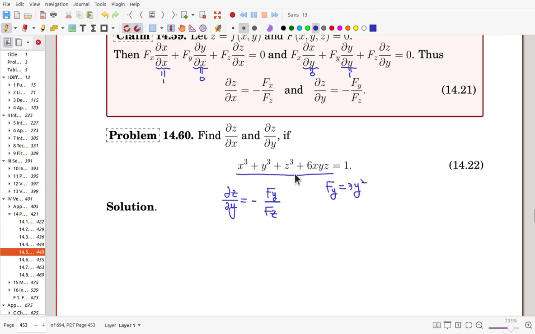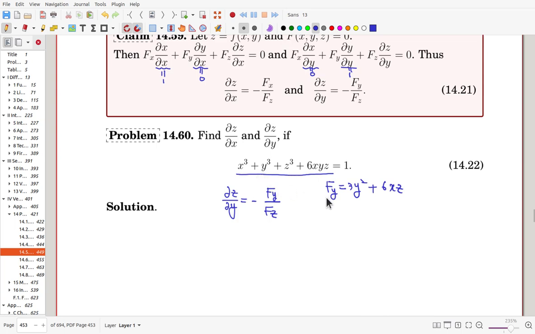Now, you have to be careful for that one. If you consider capital F, then capital F itself is a function of x, y, z. x, y, z are all independent variables. So now we are trying to get the y derivative here, so that must be 0. Okay? Now, the y derivative, then this is 6x. Be careful.